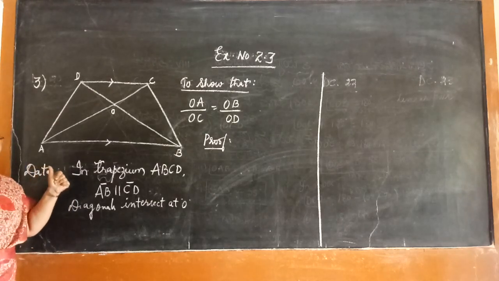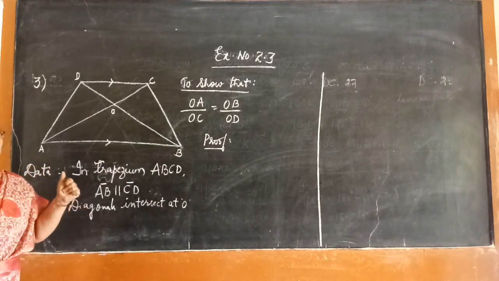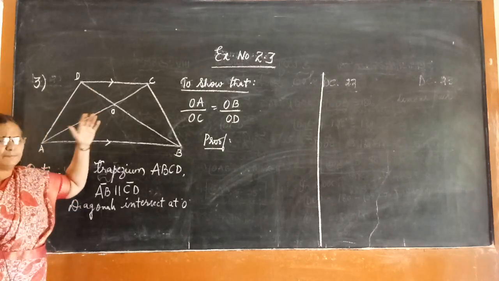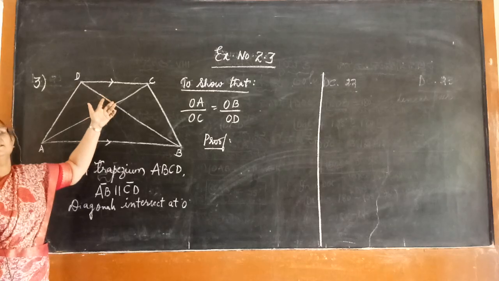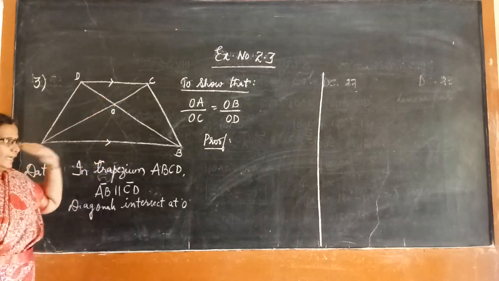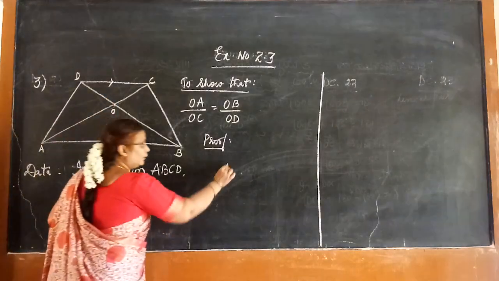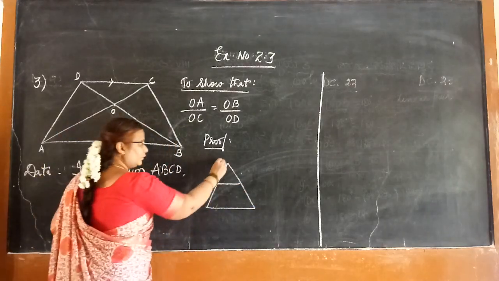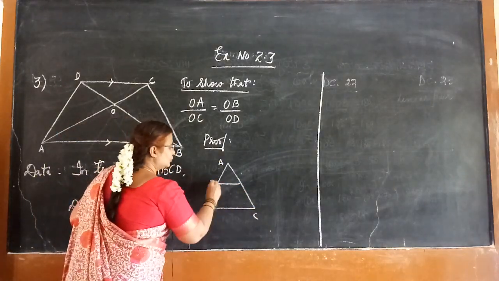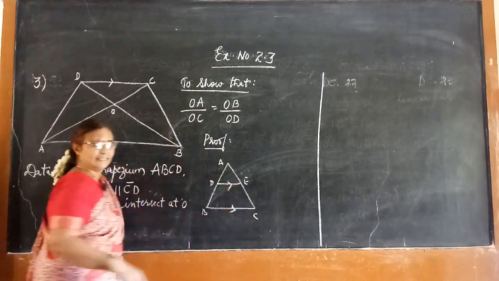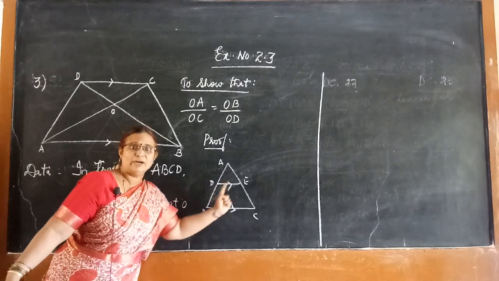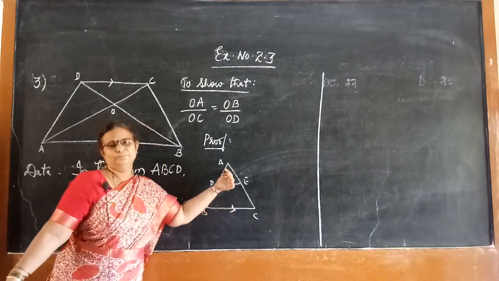First we have to identify which corresponding angles are equal. Whenever they say parallel, trapezium, always remember alternate angles and vertically opposite angles. Another clue I will show: if there is a triangle inside the triangle this way and they mention these two sides are parallel, immediately you have to go for corresponding angles and a common angle.